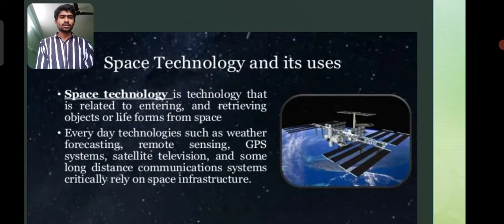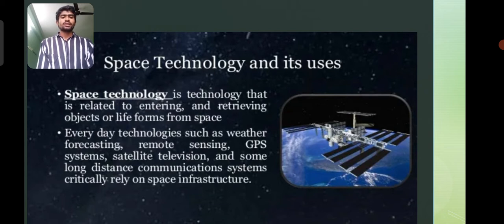The space technology and its uses. Space technology is technology related to entering and retrieving objects from space, and forms of everyday technology such as weather forecasting, remote sensing, GPS systems, satellites, satellite televisions, and some long distance communication systems that depend critically on space infrastructure.